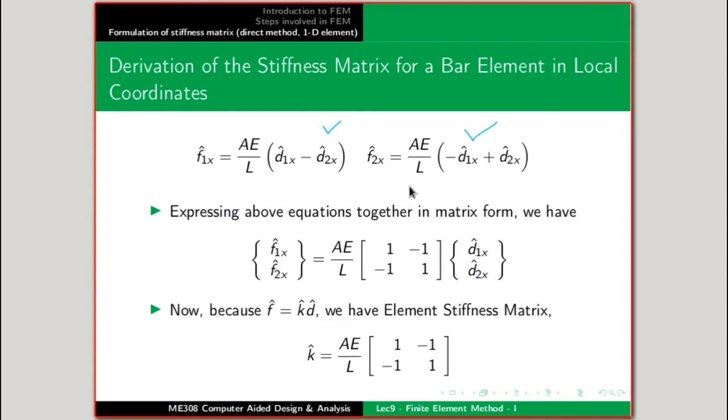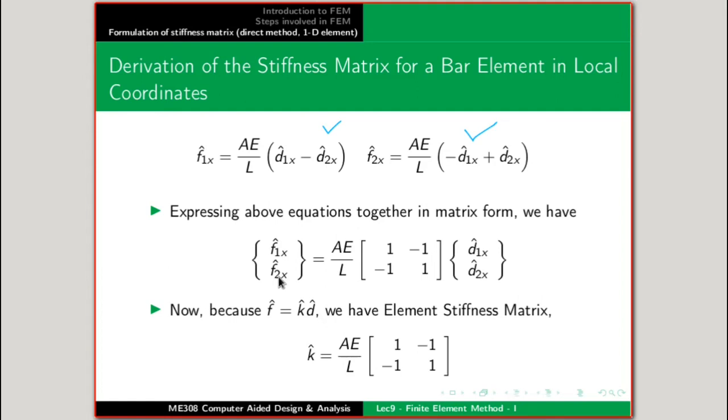Now we can rearrange it in matrix form. F1x, F2x equal to AE by L taken out, and d1x and d2x represented as a column vector.